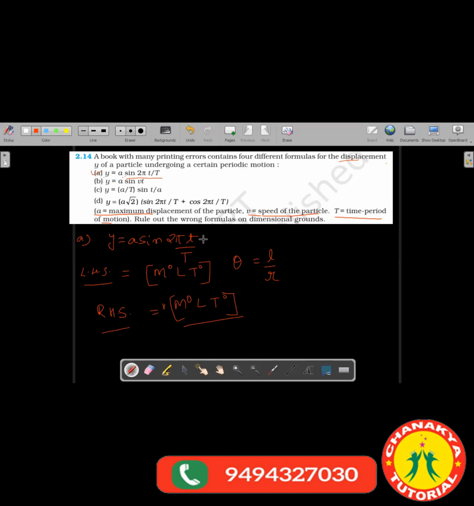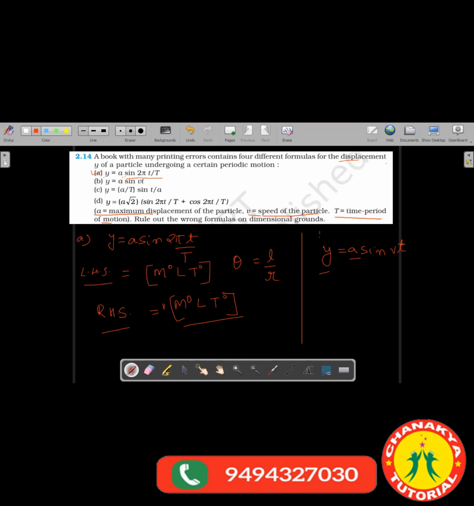If you observe the second formula, according to the second formula, we get here y equals A sine Vt, where V represents the velocity and t represents the time. Now you can see our first condition, we can observe that the dimensions of LHS and RHS are the same.